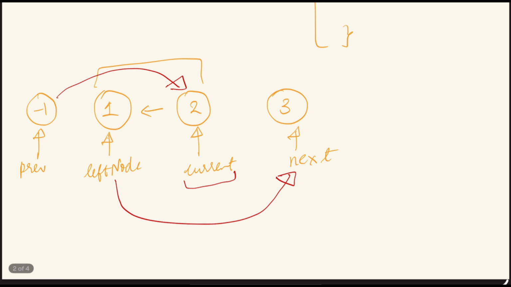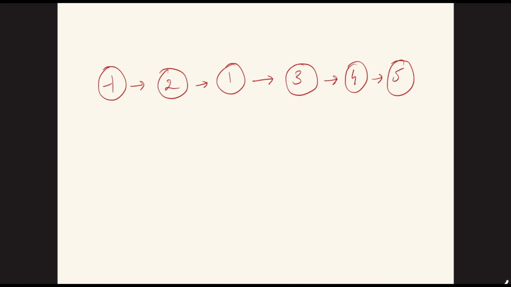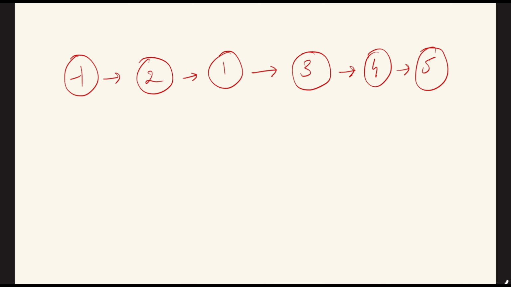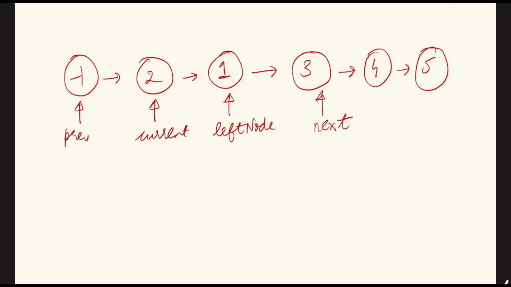So here, as you can see, I have updated the pointers correctly, and so currently the previous is this, my current is this, my left node is this, my next pointer is this. So I have updated the references.